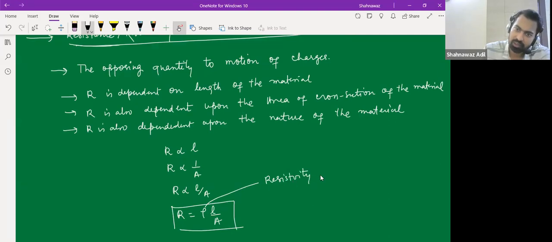and it is only dependent on the material, right?